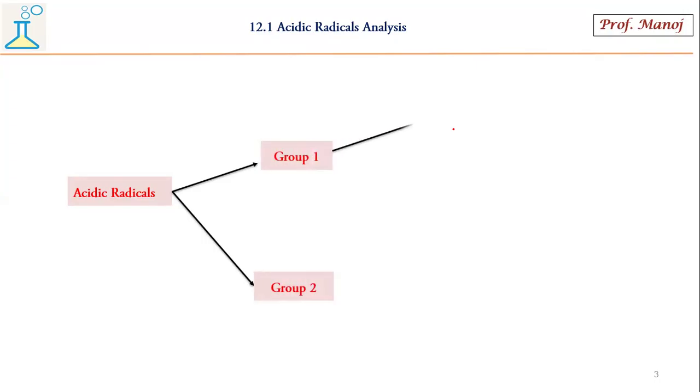Now we will begin with proper acidic radicals analysis. For our understanding, we are dividing this in two categories. Group number 1 are those radicals which can react with dilute hydrochloric acid or dilute sulfuric acid. Now, which are they?